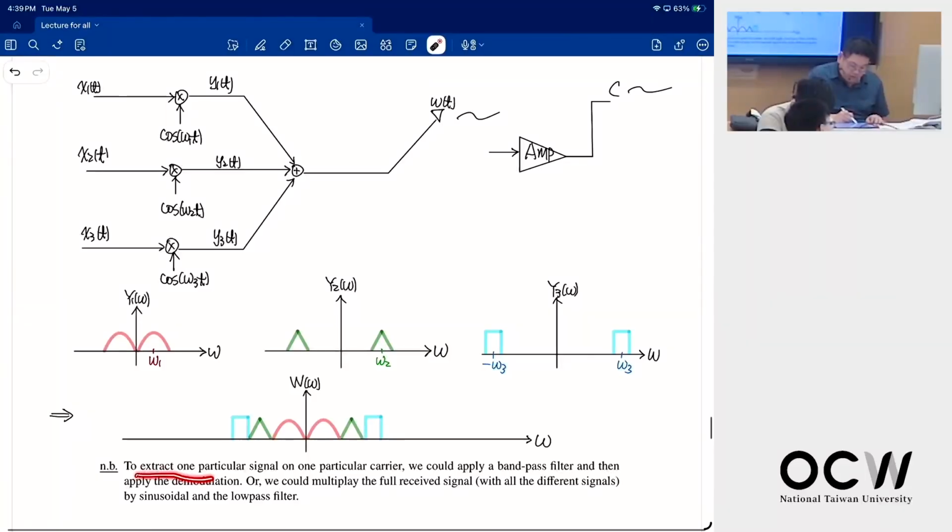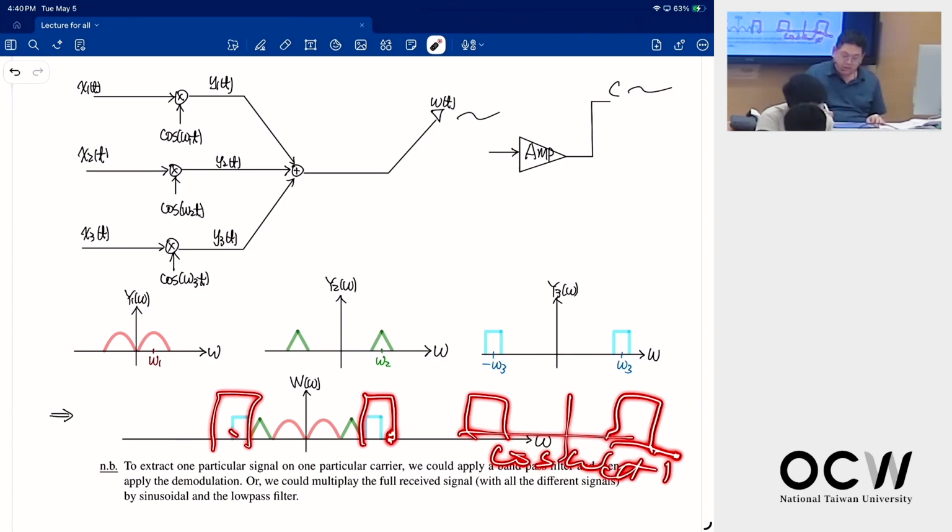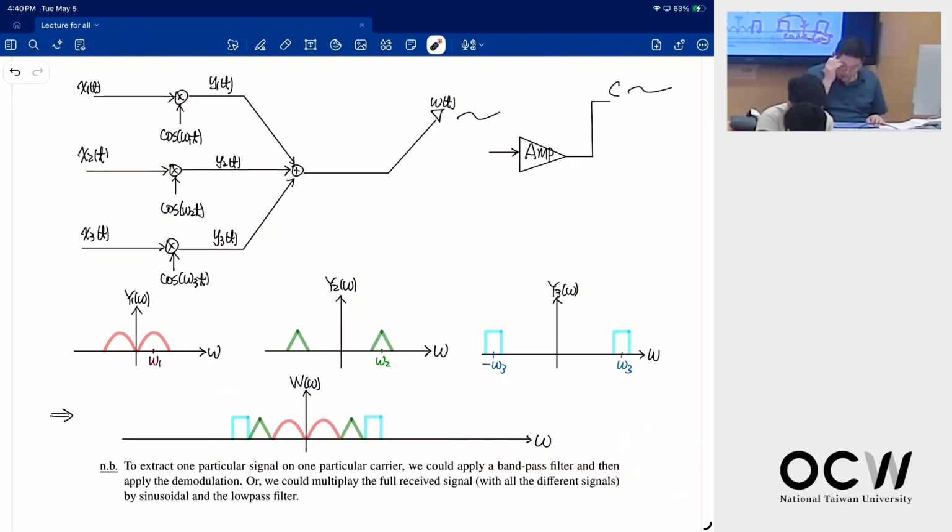To extract one particular signal on one particular carrier, we can use the bandpass filter and then apply the demodulation. Once I use this bandpass filter, I only have this one. To demodulate, we just times cosine omega again, and they can go back to the baseband. Or we can just multiply. Yes, typo.